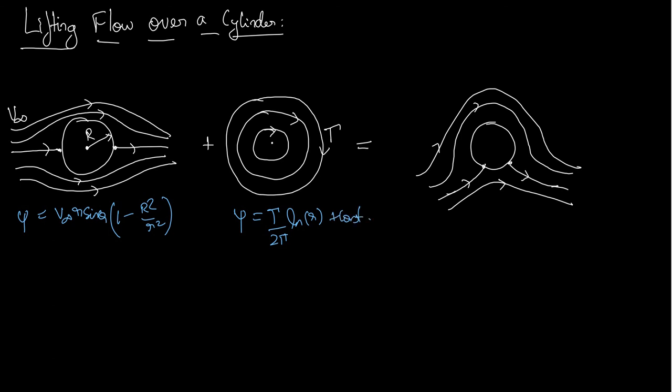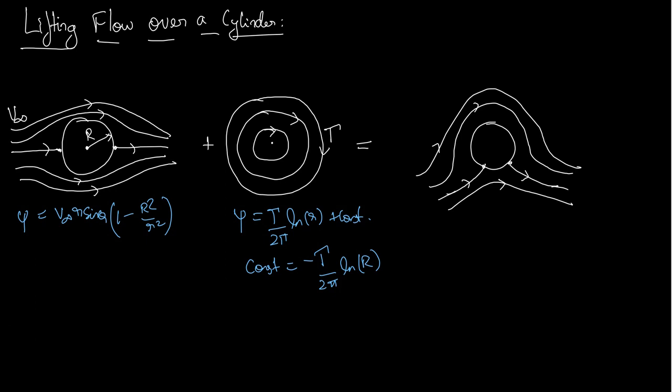And since this is an arbitrary constant, in the text they have assumed the constant to be negative gamma over 2 pi times ln R. This is the capital R and it's the radius of the cylinder. Just to simplify the calculations and make things more understandable.